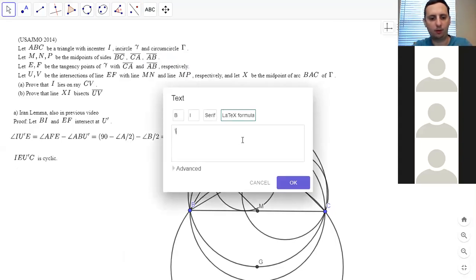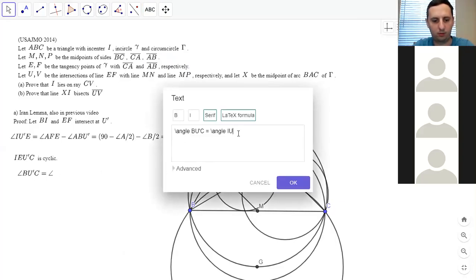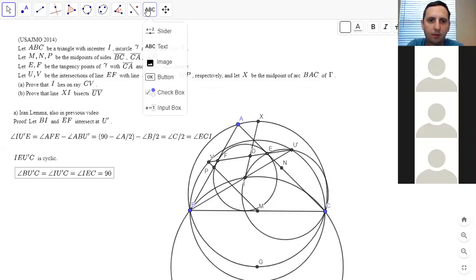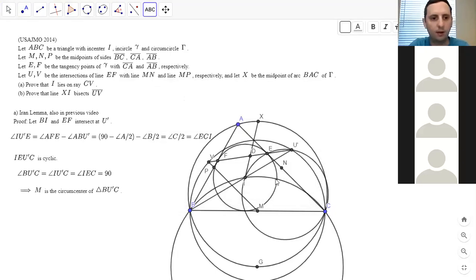Since angle BU prime C is equal to angle IEC, which is 90, M is the circumcenter of BU prime C. From there, we want to show MU prime is parallel to AB.